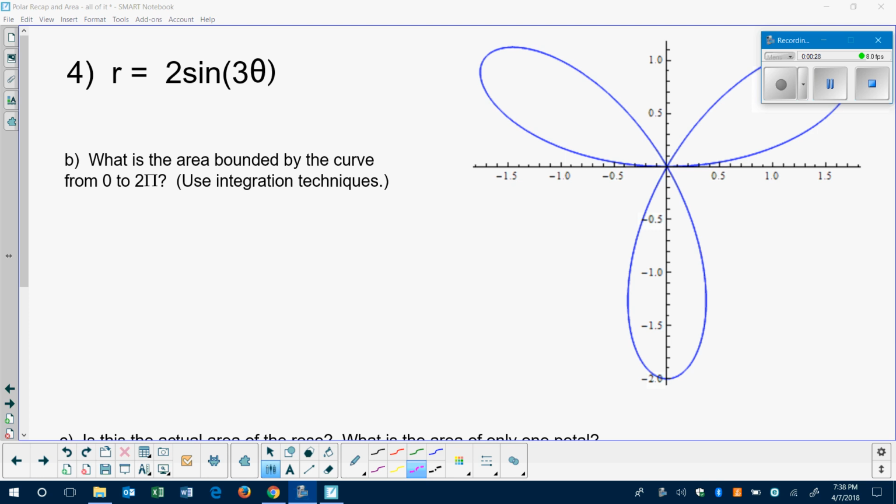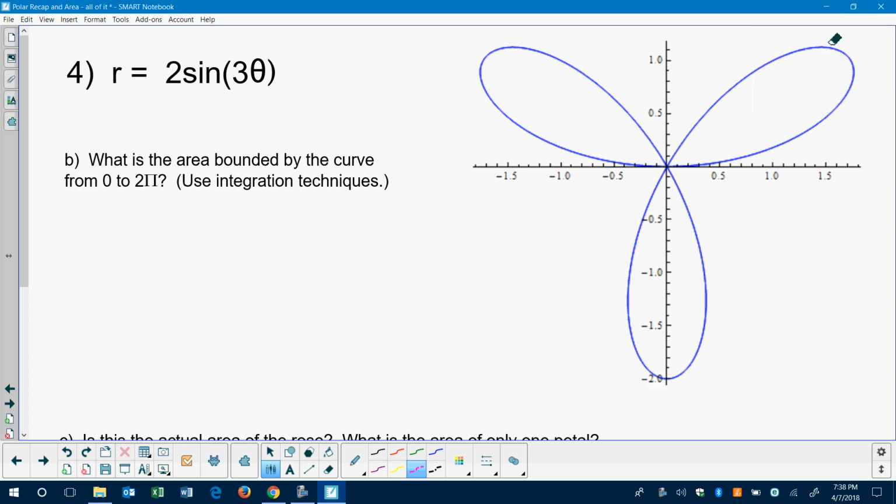So welcome to the third little section of this video, and we're going to work example 4 now. This one has a really cool looking picture. If you're a little nervous about using your calculator, when you go into the window settings for your graph in polar mode, mess around with the theta step.